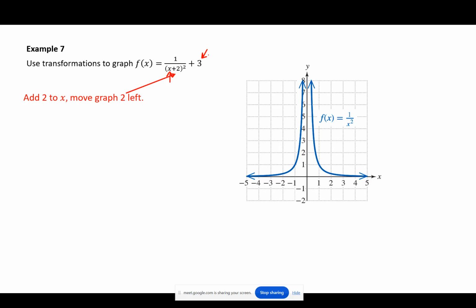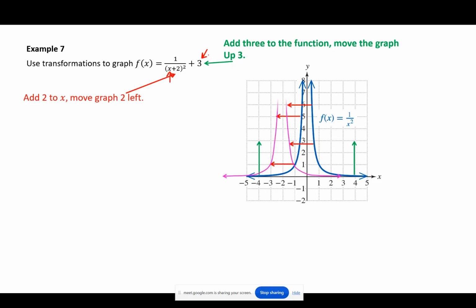So we added 2 to x, that's going to move the graph 2 to the left. We add 3 to the function, that's going to move the graph up 3 spaces. And so the new graph is going to look like this. So if you notice a function that looks like a function you already know how to graph, you can use transformations to graph it.